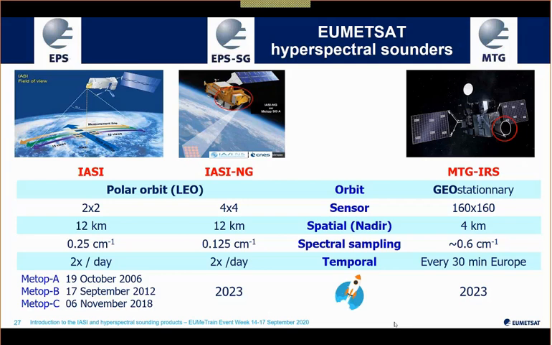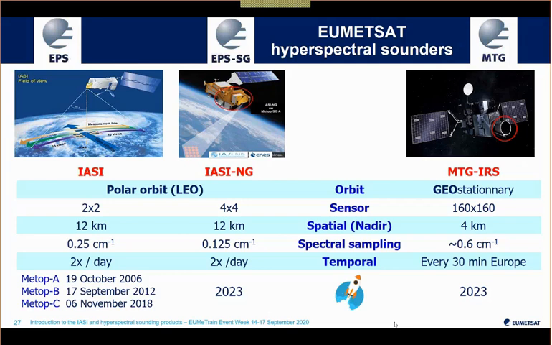So indeed, with the humidity structures, temperature structures, and even ozone structures that we are retrieving from IASI, and given that there are 3 flying over the same area within 1.5 hours, we can see atmospheric structures moving, and there have been studies at EUMETSAT to derive wind profiles from these thermodynamic structures.